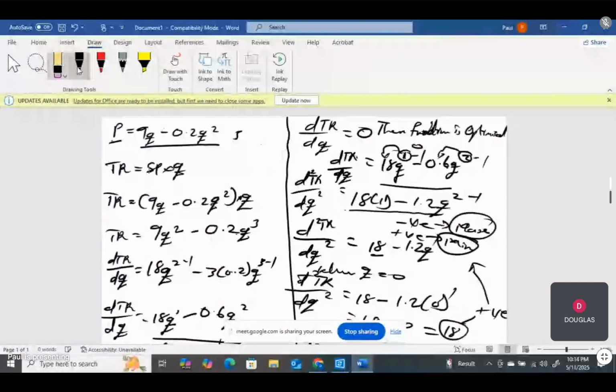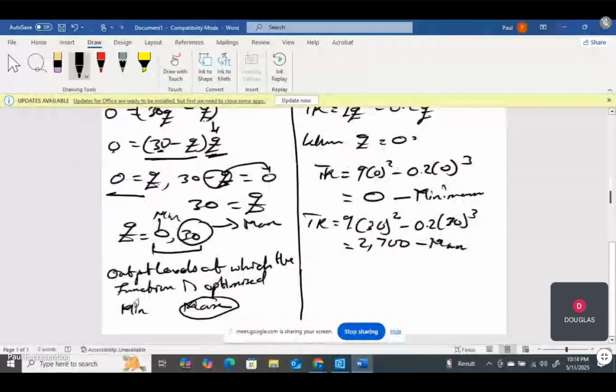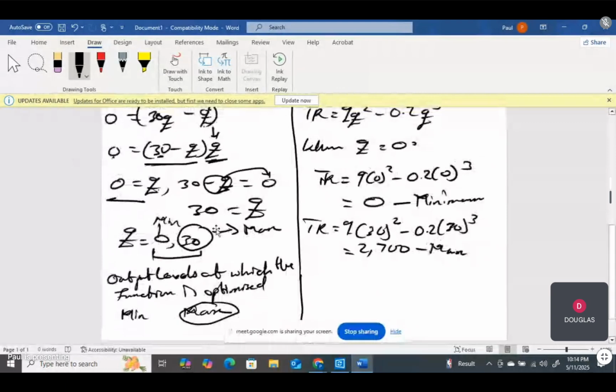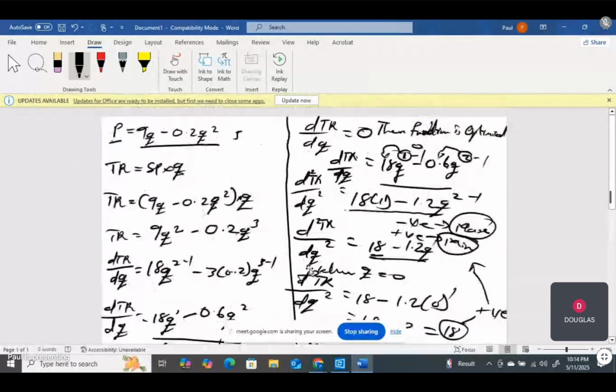Okay, so when we do that, this becomes our second derivative. Then I said that we will put the quantity levels we got, that's the 0 and the 30, into the second derivative. When we put it in the second derivative and we get a negative number, then that's a maximum revenue.